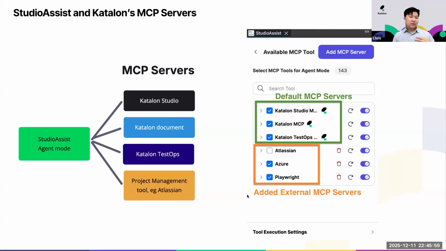Apart from that, as I introduced before, you can also connect with external MCPs like Atlassian, Azure, Playwright, whatever you need. Just click to add MCP, and there is a set of steps to configure it to make it work with your external MCP server.